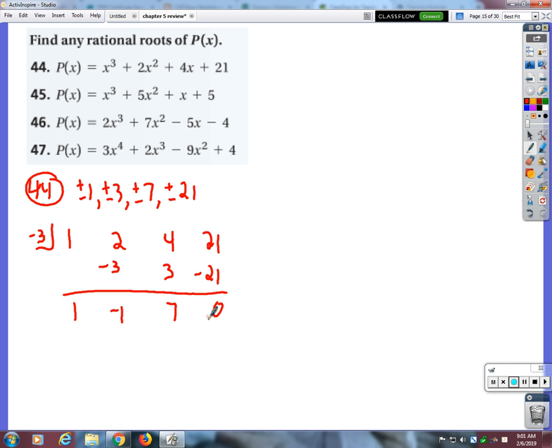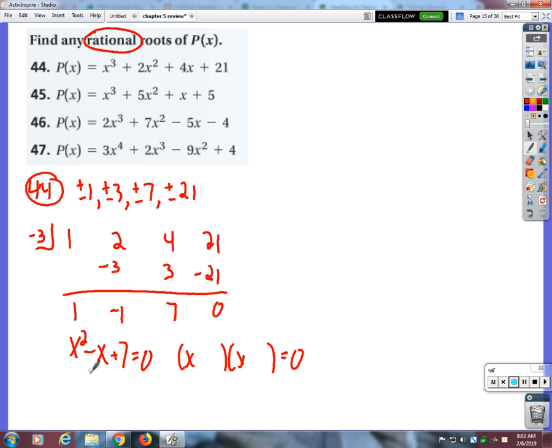Okay, so that leaves us with x squared minus x plus 7 equals 0. So all we need to do for this, because we're trying to find only the rational roots, is can this factor? Are there two numbers that multiply together to be positive 7 and add to be negative 1?